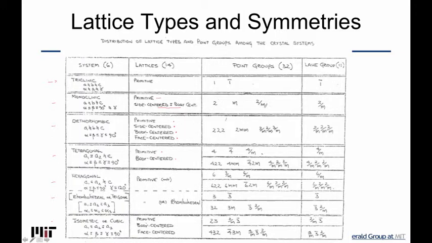The point groups that can fit in here are fairly straightforward. In the triclinic case, we could put only one in one bar, and in the monoclinic case, that's actually how we generated it. We put in a twofold axis and showed that also if we had used a mirror plane, we get a monoclinic.